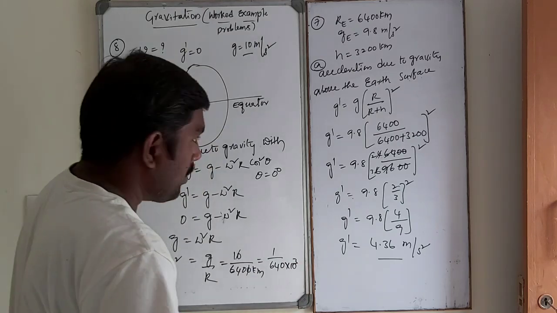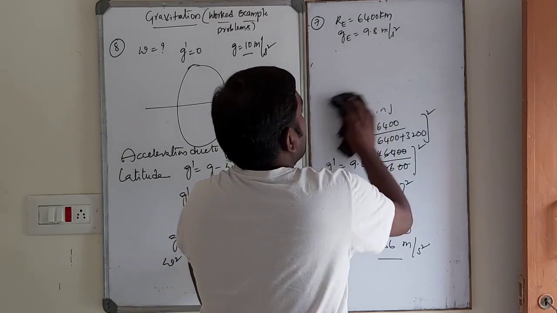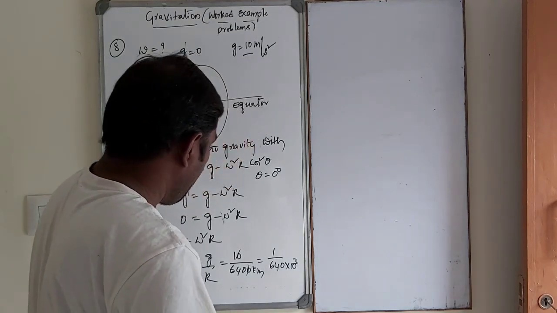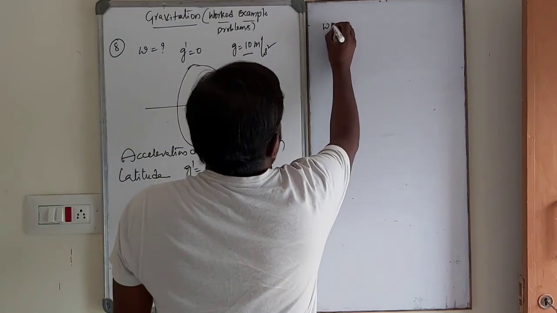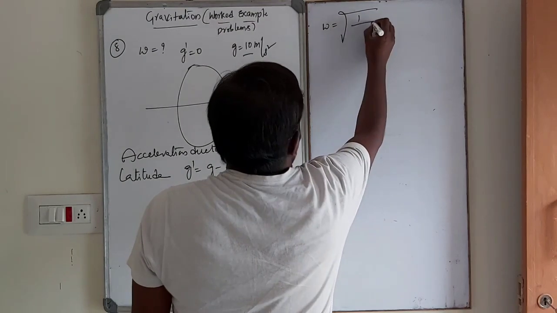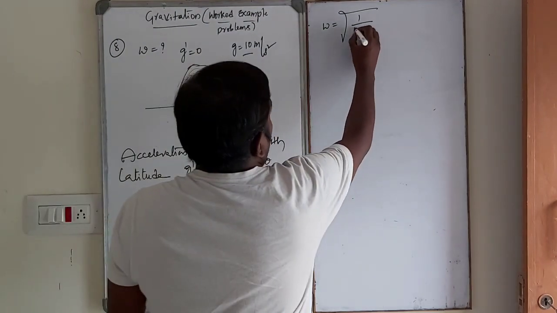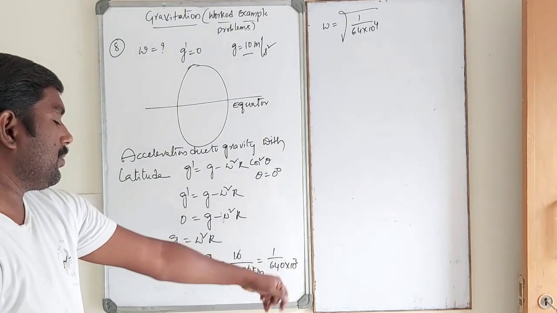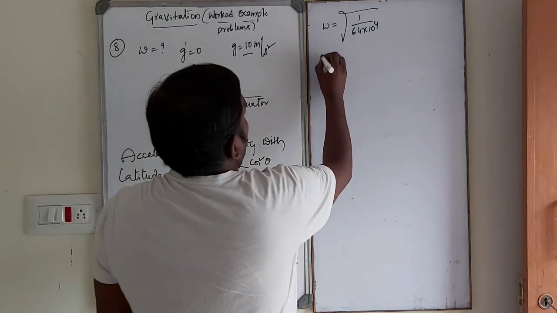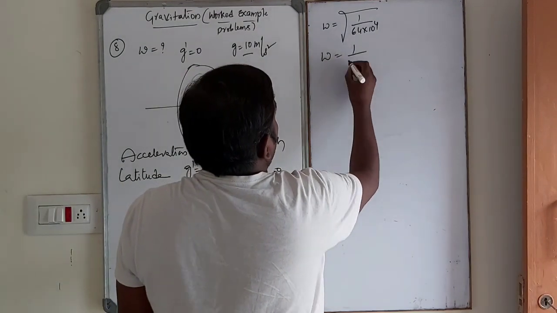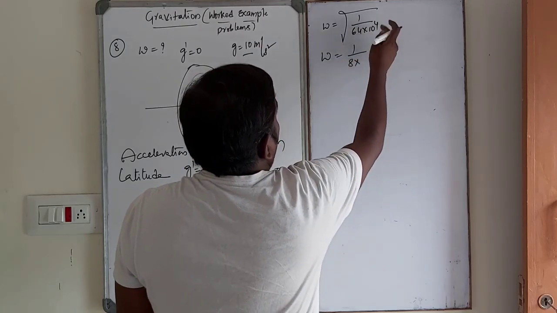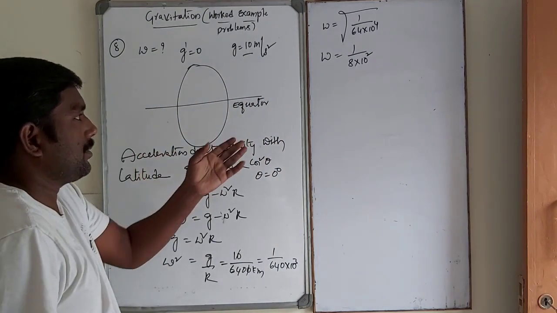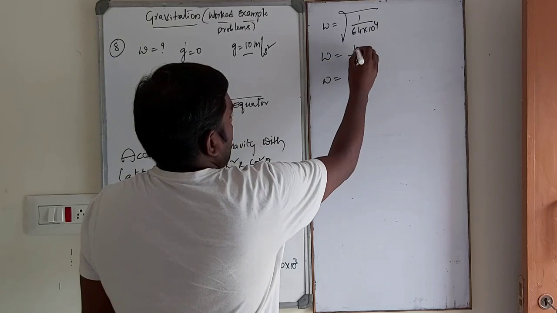Omega is equal to finally the square root of 1 divided by 64 into 10 power 4. So omega is equal to 1 by the square root of 64, which is 8, and the square root of 10 power 4 is 10 power 2. So after simplification, 1 by 800.